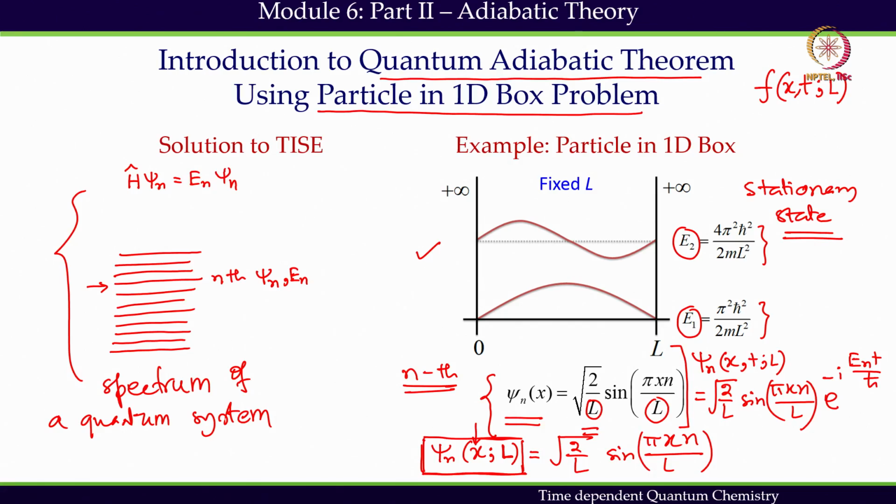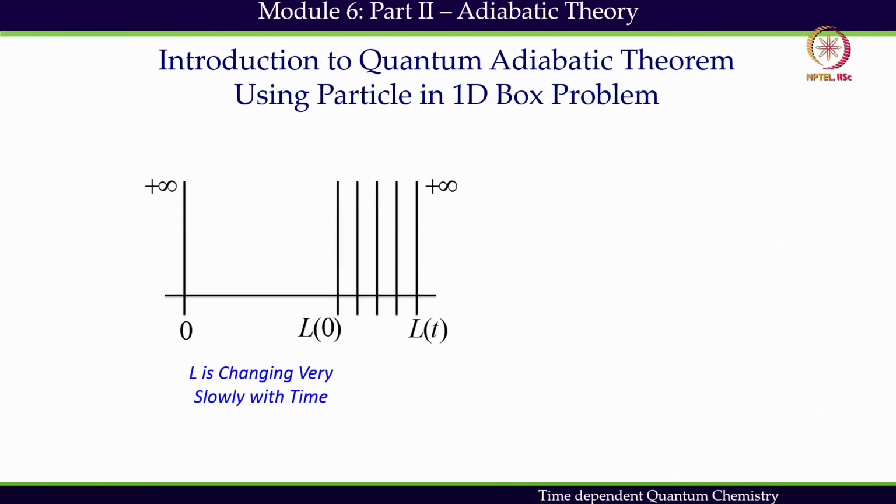This is a concept which we have developed so far: the time dependence of the wave function comes from this time dependent phase factor, and this is what we have developed since module 1.